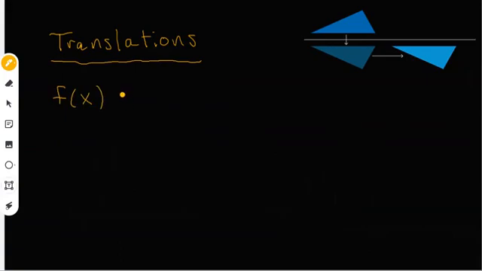So if I start off with f of x and I add c on the outside, that is called moving up by c. So if I have to add a number to move up, then I have to subtract a number to move down. So if I have f of x minus c, that would be the formula for going down by c.